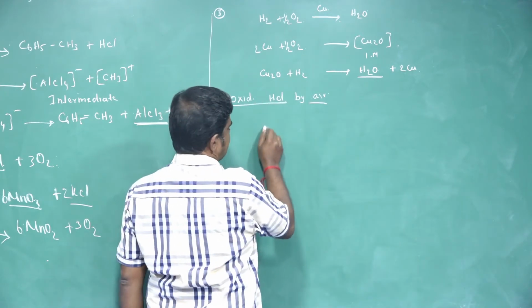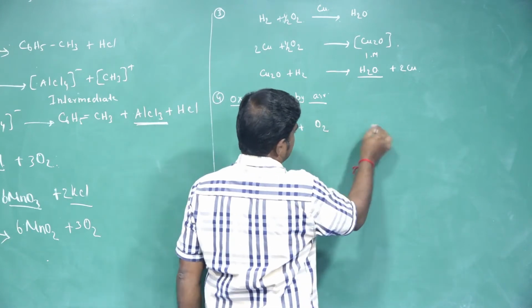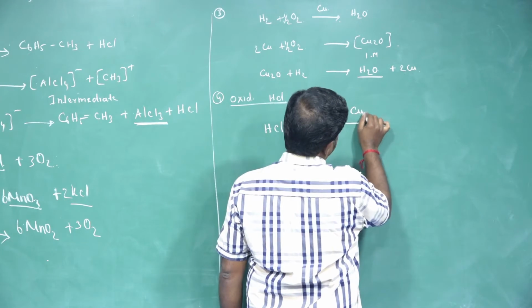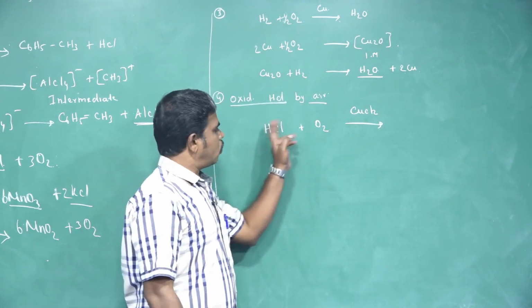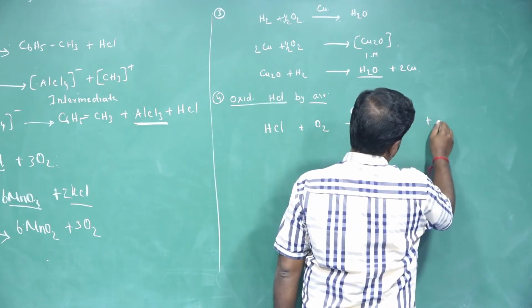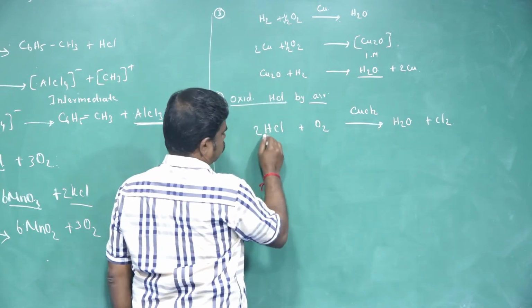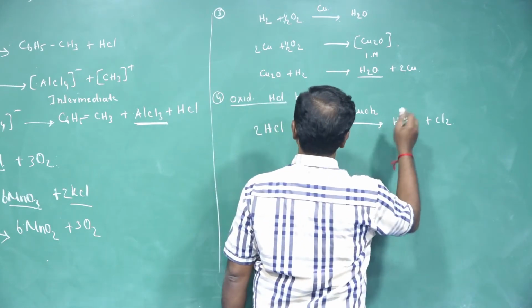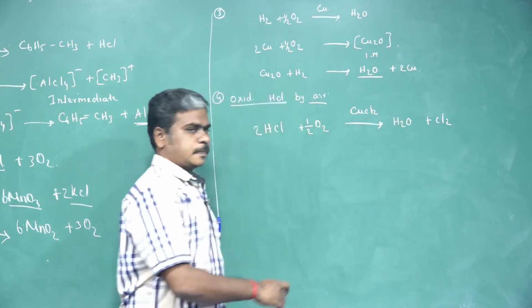So we take HCl reacting with oxygen in presence of CuCl2, cupric chloride. Then it is converted into H2O and Cl2. And 2 chlorine is there, so 2 hydrogen, and oxygen, it is O2.